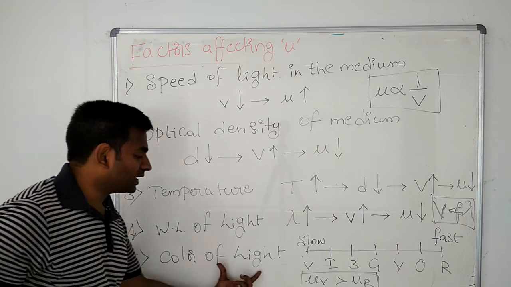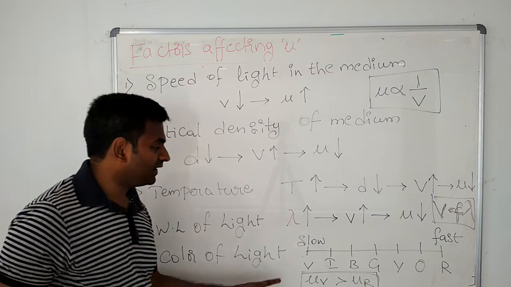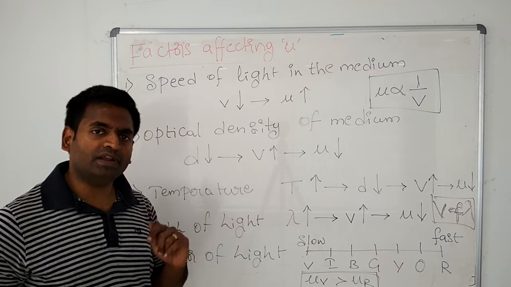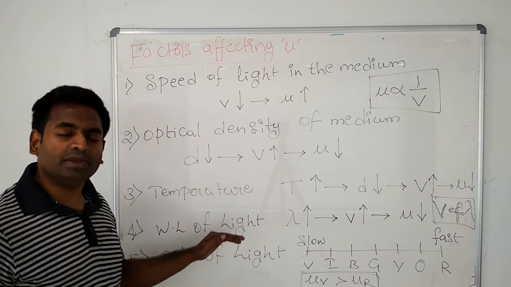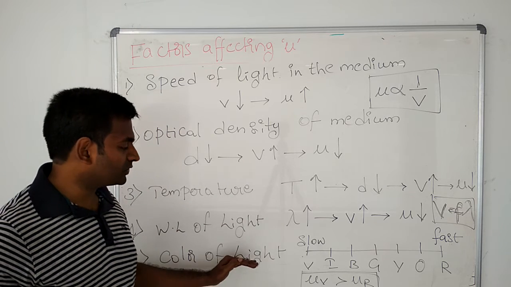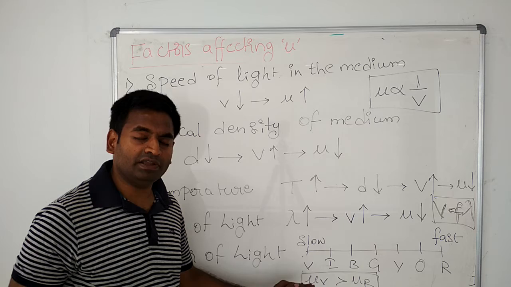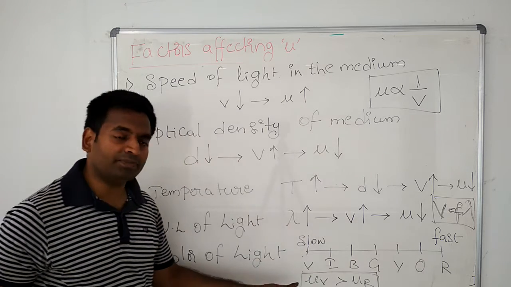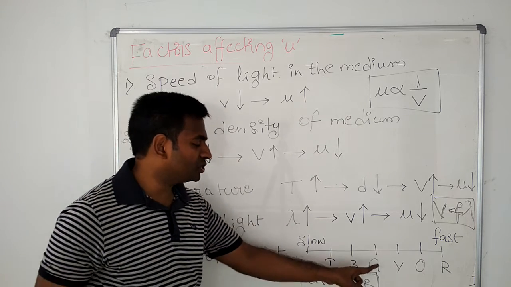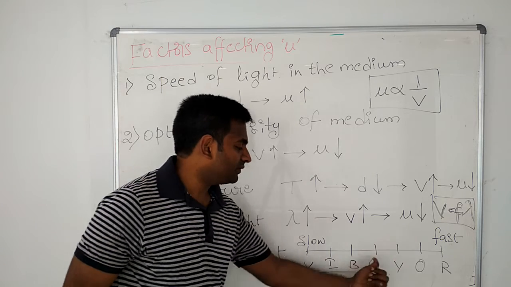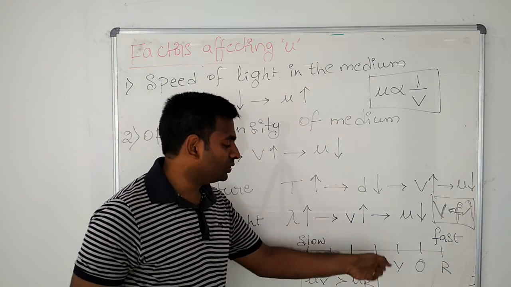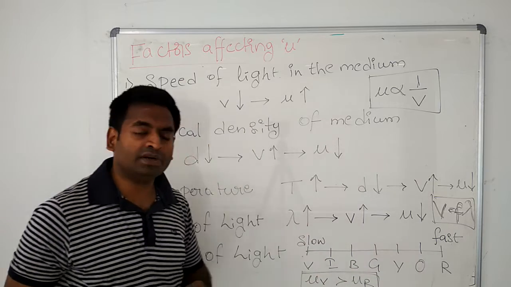And then color of the light. How would the color of the light affect the refractive index? Color of the light and wavelength are actually only one factor, but I separated it because in your board exam, most of the times he would ask about the color of the light. In the visible spectrum, we have VIBGYOR: violet, indigo, blue, green, yellow, orange, and then red.